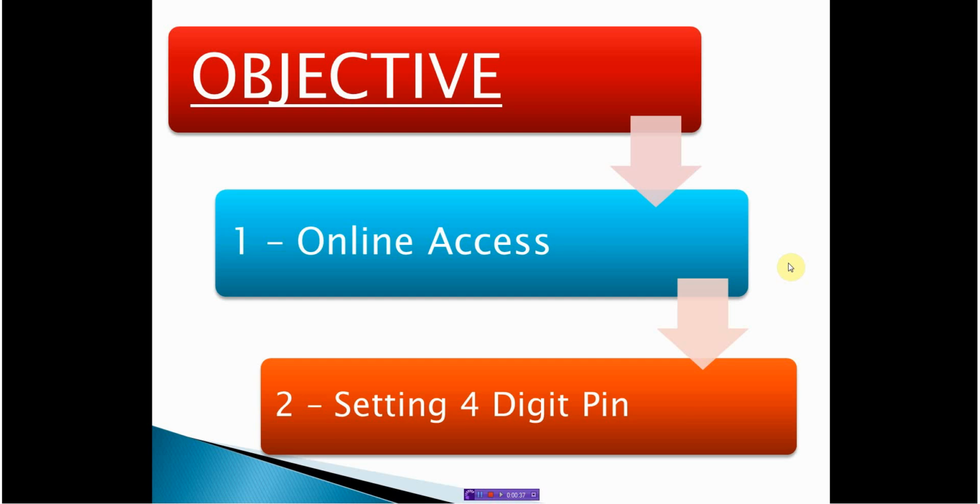That's the reason I created this video clip, and I hope everyone finds this a helpful tool. So let us proceed and we will see how we can do it step by step to fulfill these two objectives.